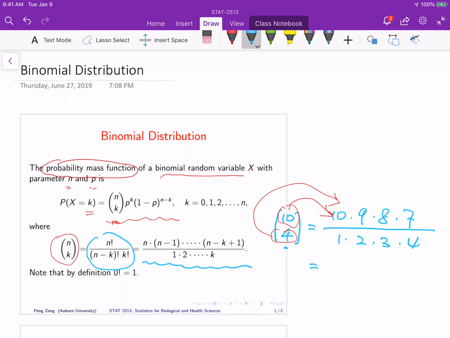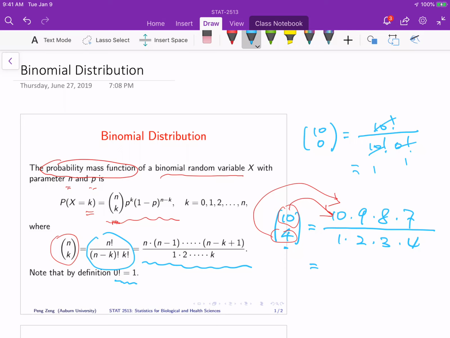Notice a special case: 0 factorial is defined to be 1. For example, if you want 10 choose 0, by definition this is 10 factorial over (10 minus 0) factorial times 0 factorial, and 0 factorial equals 1. So the 10 factorial cancels out and the value is 1.